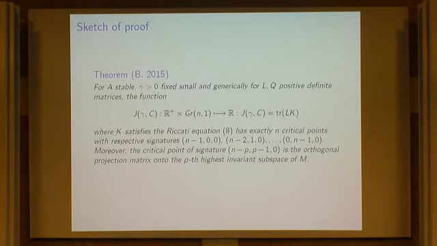That's always true. So here, gamma small enters, and A stable enters, and this is about the critical points of J. So we have its gradient. How many zeros does it have? Well, it has exactly n critical points, and they have D signature. So these were the number of negative eigenvalues, positive eigenvalues, and 0 eigenvalues.